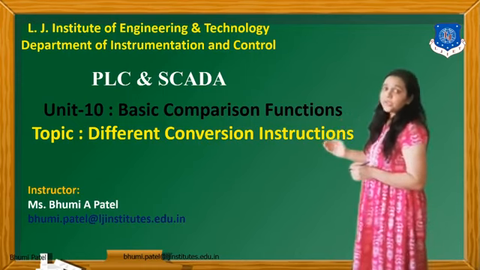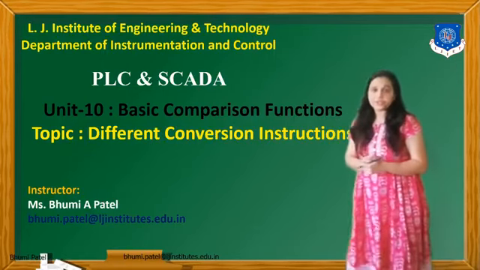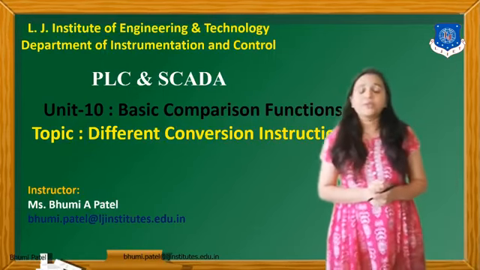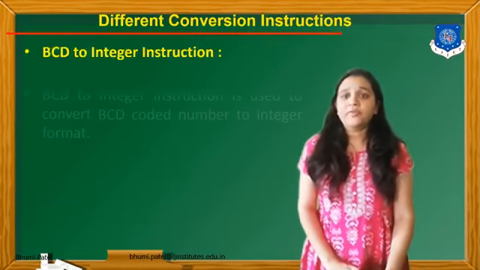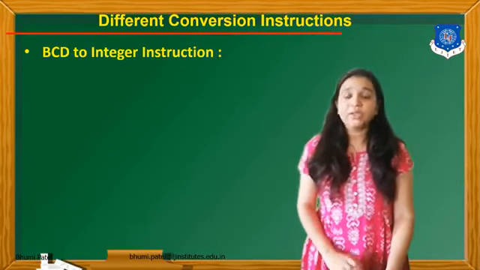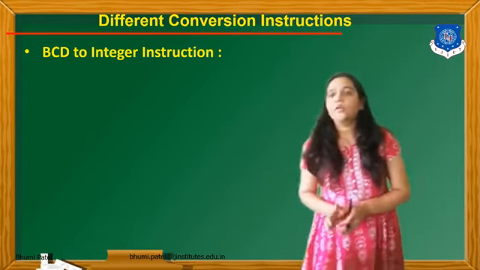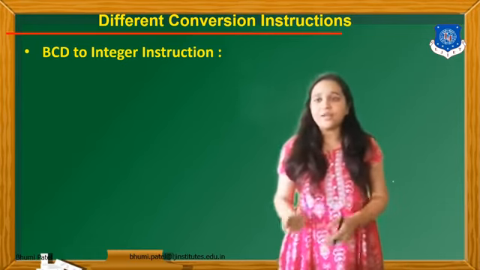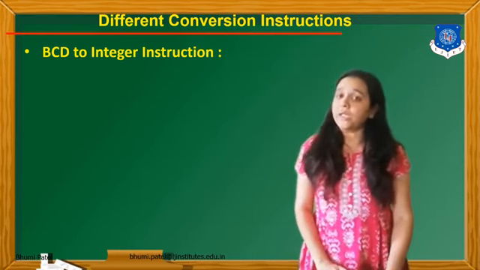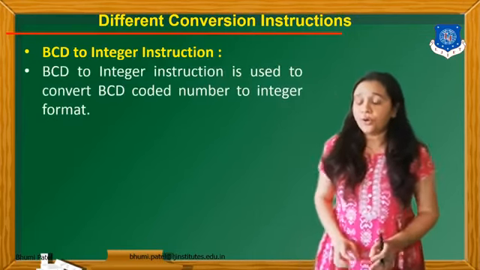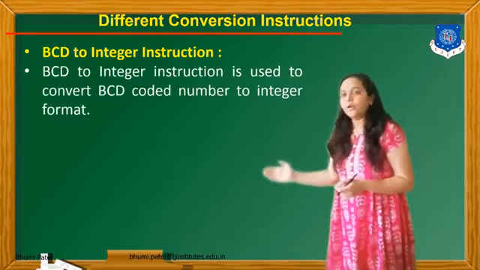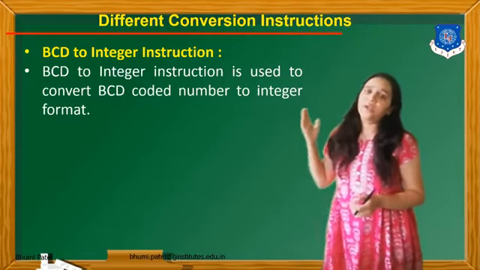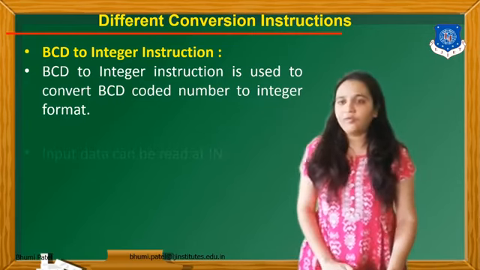Today our topic is the different conversion instructions used in PLC software. First of all, if we have to convert a BCD (binary coded decimal) number to an integer, we use the BCD to integer instruction. It is used to convert BCD coded numbers to the integer format.